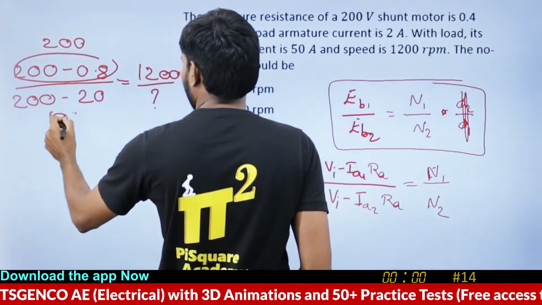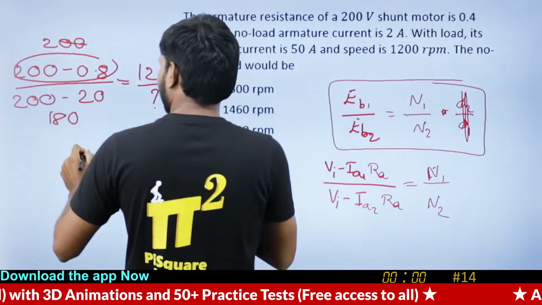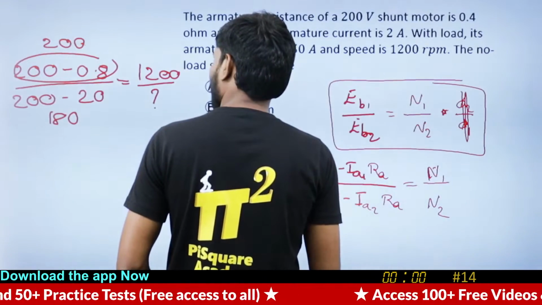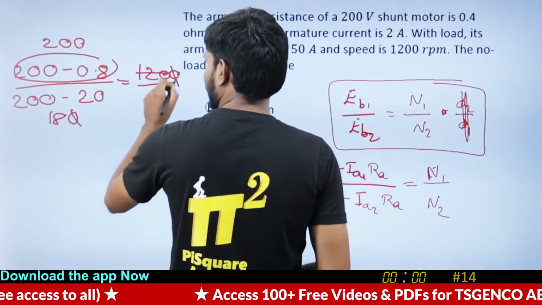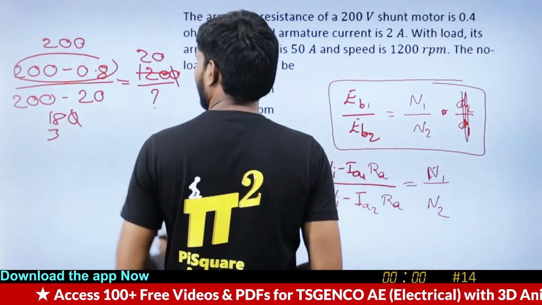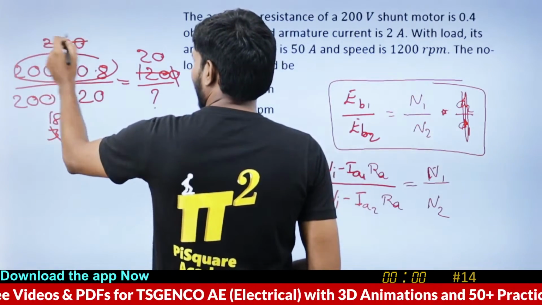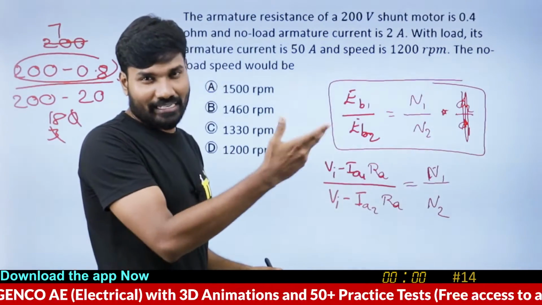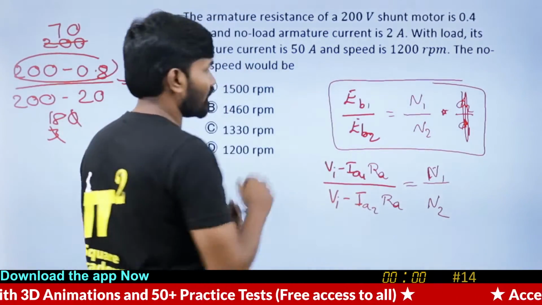Zeros gone, this is 6 here, 20, this is 3, almost 7.